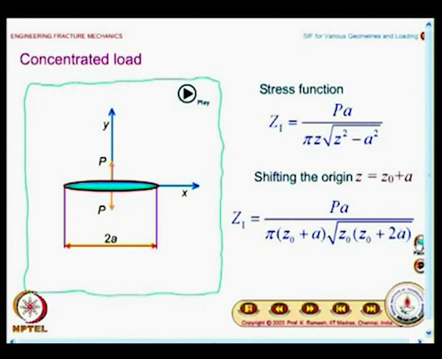The expression is of this form. I have this as Pa divided by pi into z naught plus a multiplied by root of z naught multiplied by z naught plus 2a. You know, this expression is simplified after substituting z naught plus a.